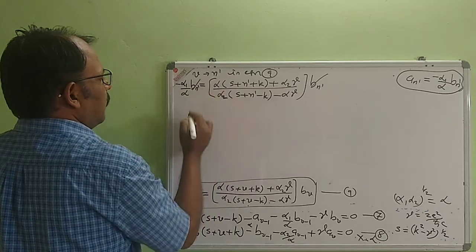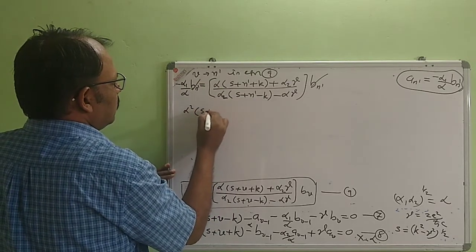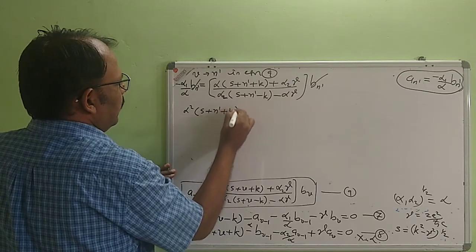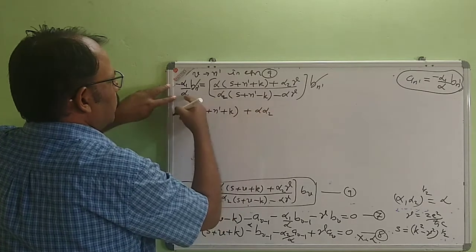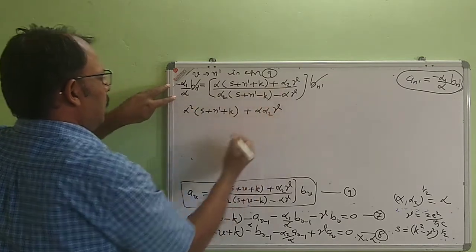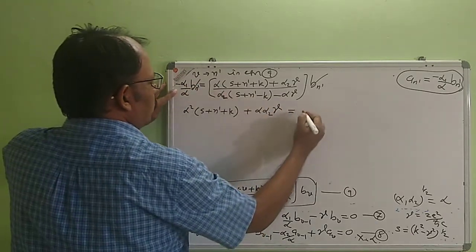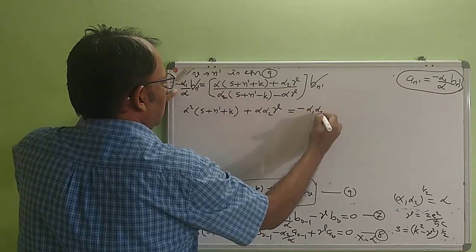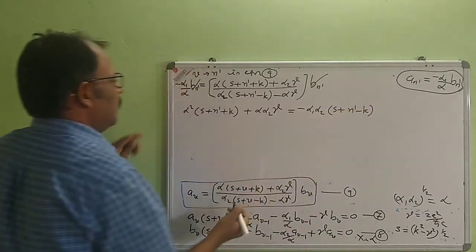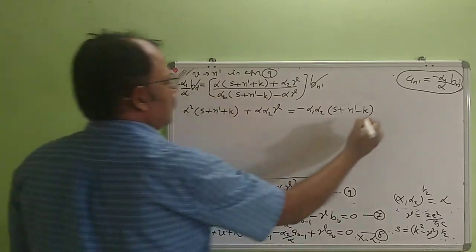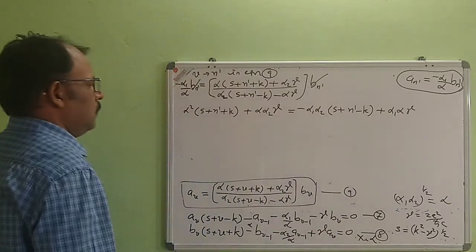On cross multiplying, we can write it as alpha into alpha square s plus n prime plus k plus alpha 2 gamma is equal to minus alpha 1 into this one, minus alpha 1 alpha 2 s plus n prime minus k, plus alpha 1 alpha gamma.